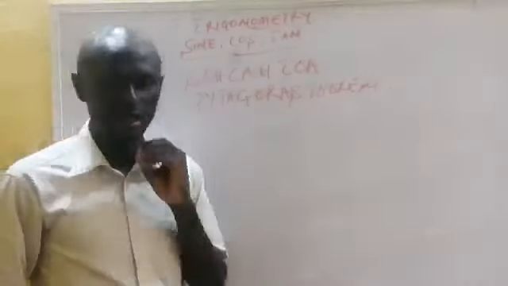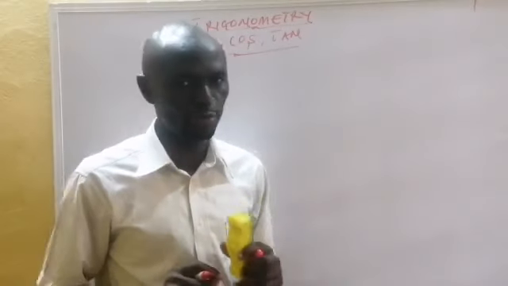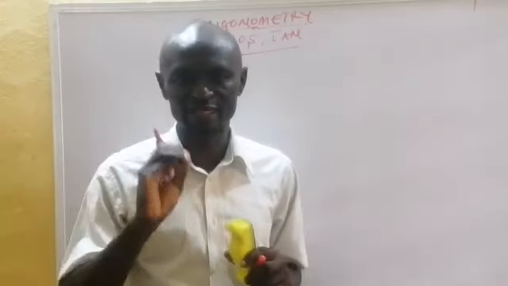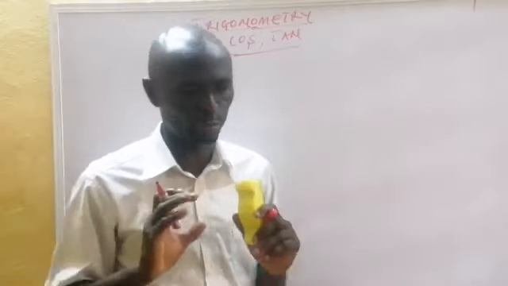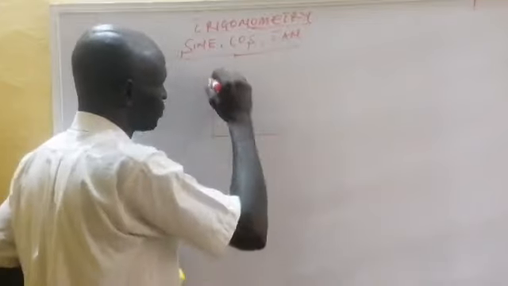Now you must have these two formulas at your fingertips. To help us understand these two formulas, I want us to understand the right angle triangle properly. Let us learn to label the right angle triangle.